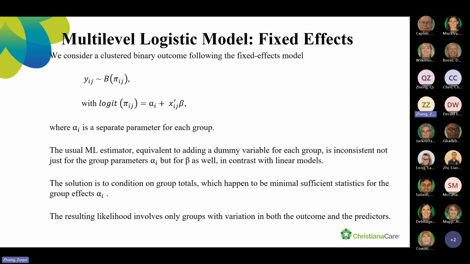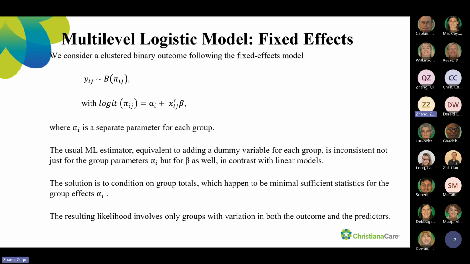Now we are going to talk about the case where the outcome is not a continuous outcome like length of stay, but a binary outcome, for example whether some disease happened, or death or life. We can use the multi-level logistic model. First, without considering the multi-level structure, we have the fixed effects, which is our ordinary logistic regression.